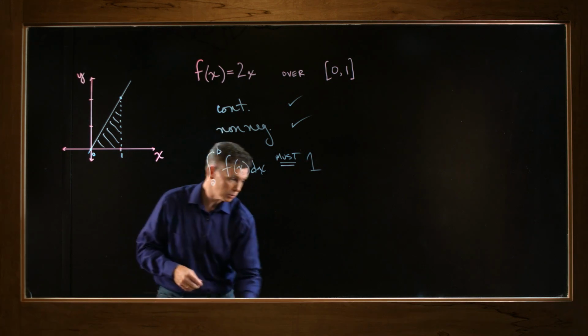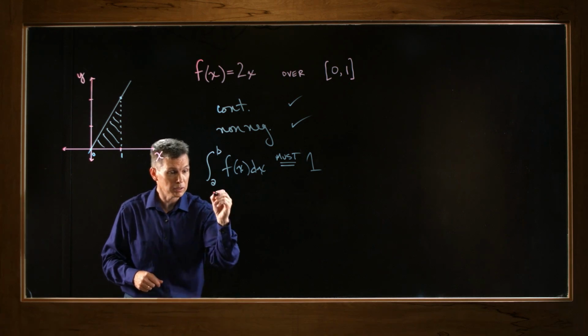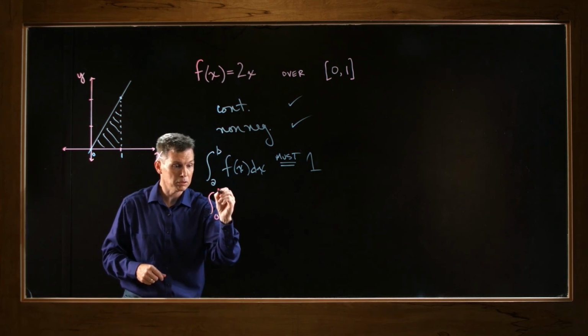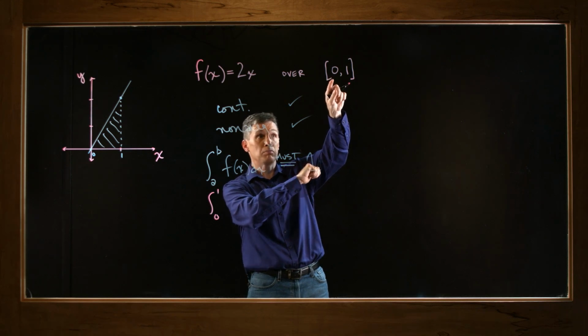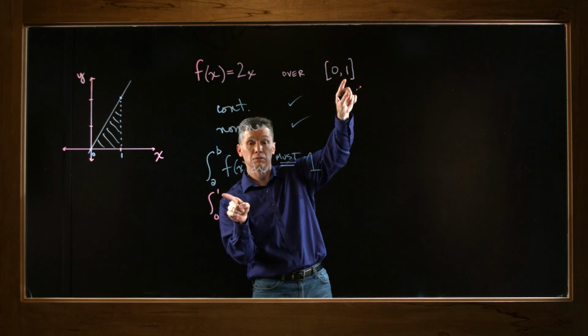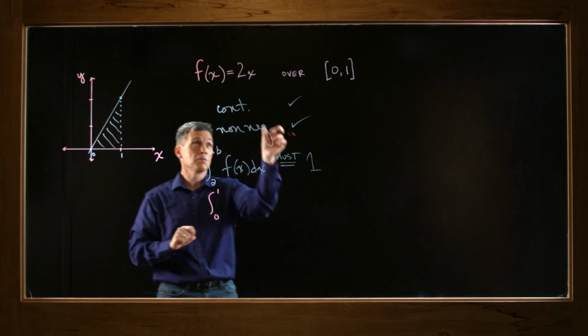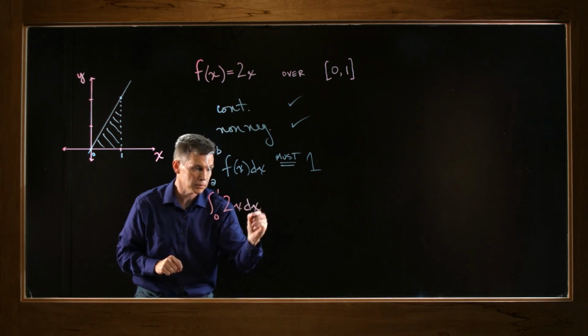So let's get into our work. For the specific function they give us, we're going to have the integral from 0 to 1. My lower limit of integration is the left bound of that closed interval, the upper limit is the right bound, and my function is 2x dx.